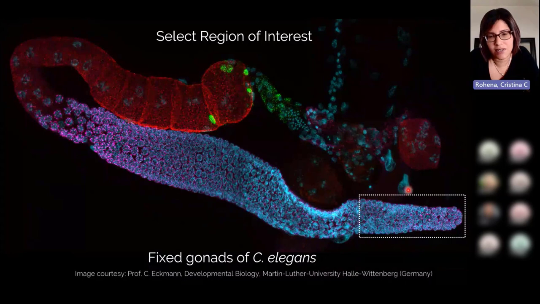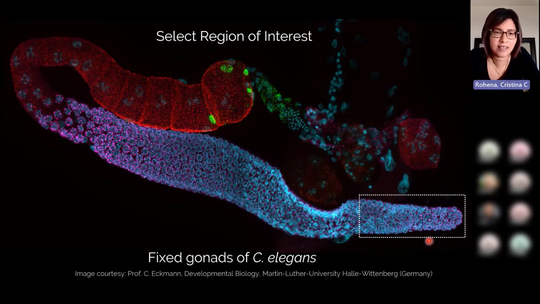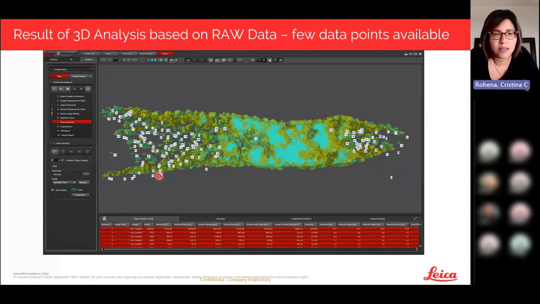If you select a region of interest of this fixed gonad, and then attempt to do analysis, what you can see is that if you use the raw image of that area of interest, you actually miss a lot of data within this image because of the blurriness of traditional wide field imaging. So you don't get access to the full data of your image itself.